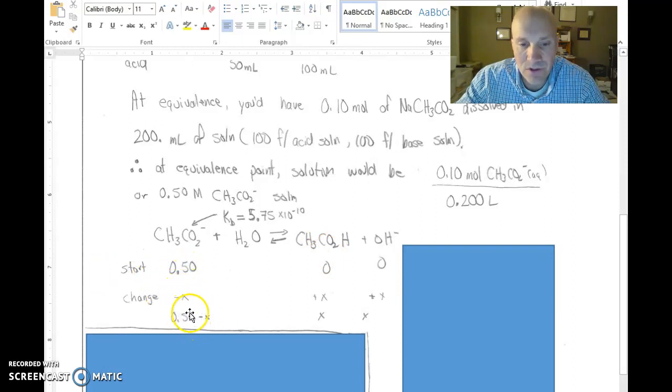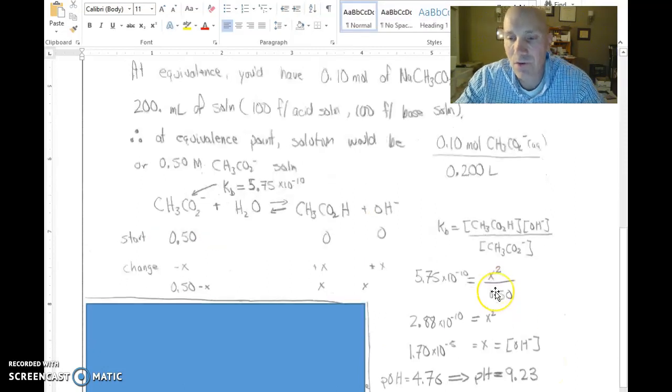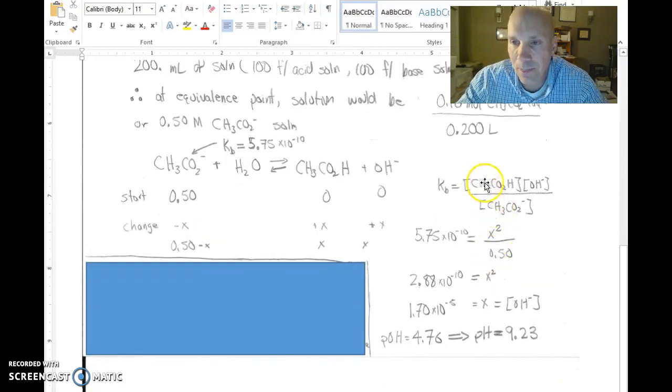So if we do this, this would be our final concentration of acetate. X and X would be our final concentrations of these. And we could treat this the way we've done base problems in the past. We know that the Kb would equal this expression right here. You can get that from this equation right here. And plugging in what those values would be, we could get to this part right here.